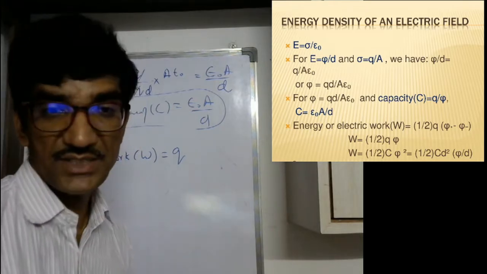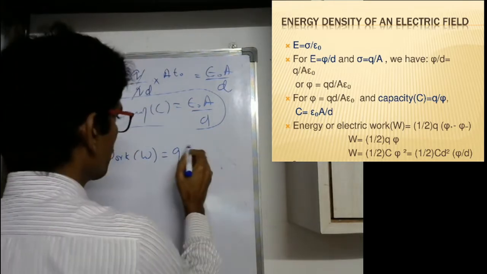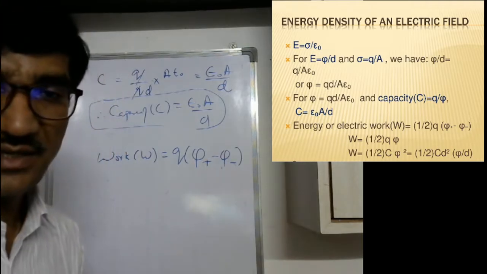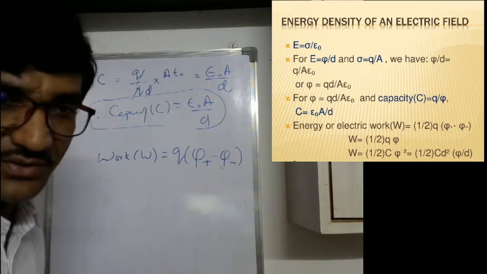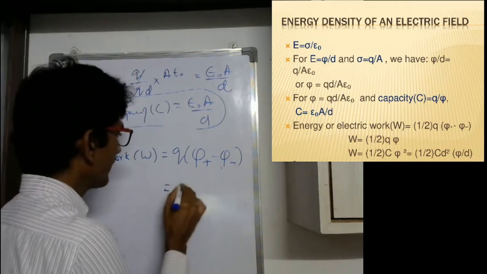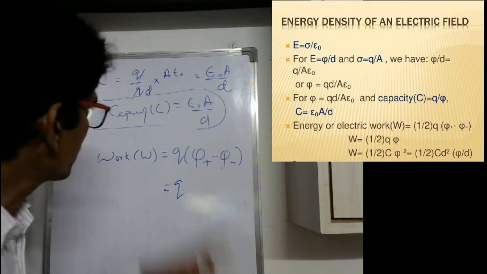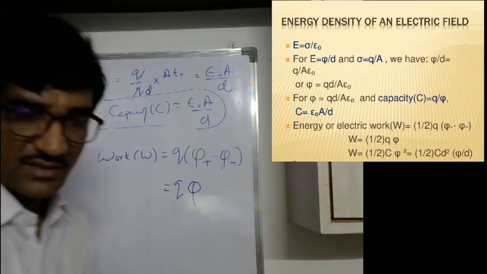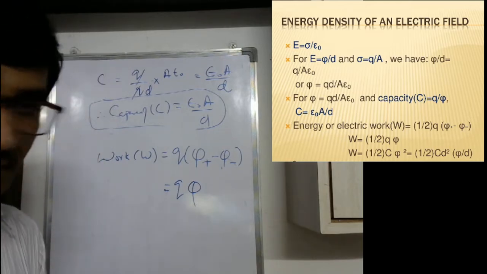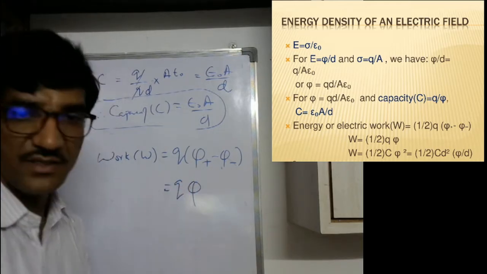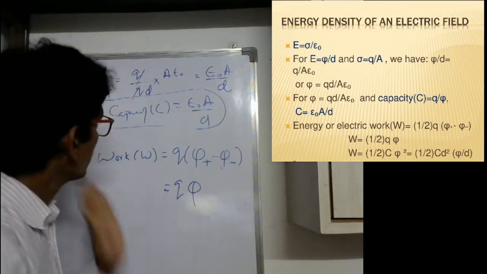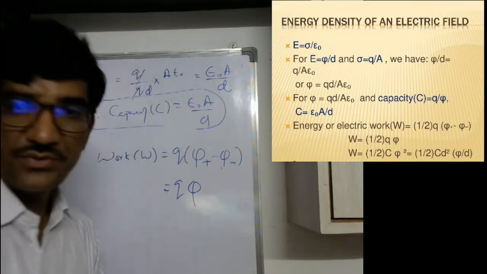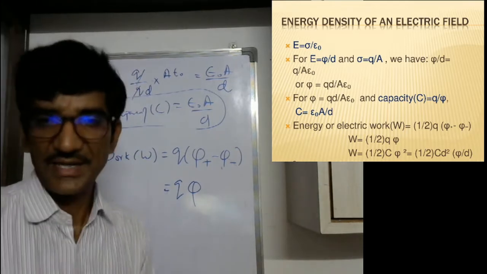You have two plates, one with positive charge, the other with negative charge. So you have phi plus minus phi minus, the potential difference, into Q. In this case, we already calculated the potential difference corresponding to the electric field. We denoted this to be phi. So now W is equal to Q phi.